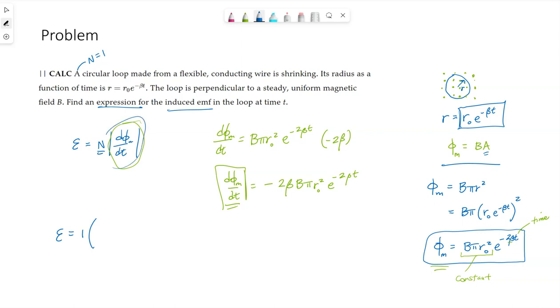We need to multiply that by the derivative of the flux. Now we're taking the magnitude. I don't need to include the negative sign here since we're putting in the magnitude. So just copying over what I calculated for the derivative.